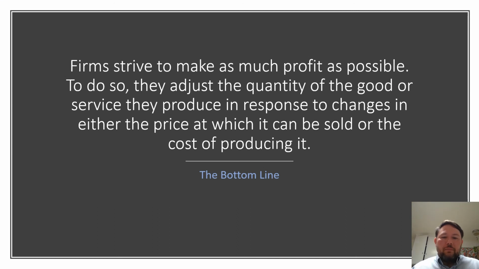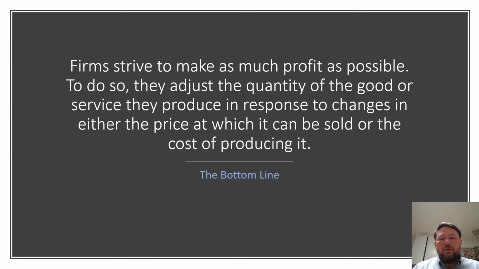So if we think about the bottom line here, what we are going to learn over the next couple of lessons, we just need to remember that firms strive to make as much profit as possible. The reason those farmers take land out of wheat, soybean, and barley production and turn it into corn is that at the higher price they are hoping, and usually going, to get a higher profit.